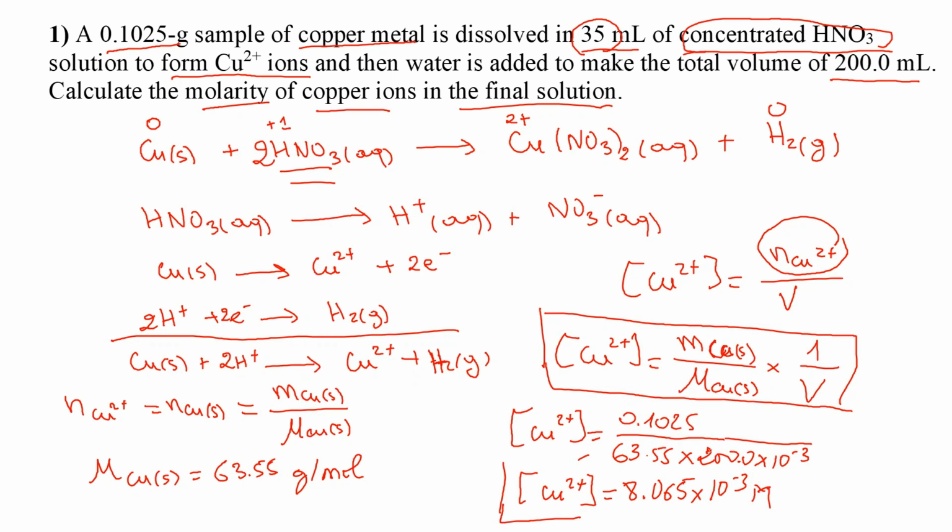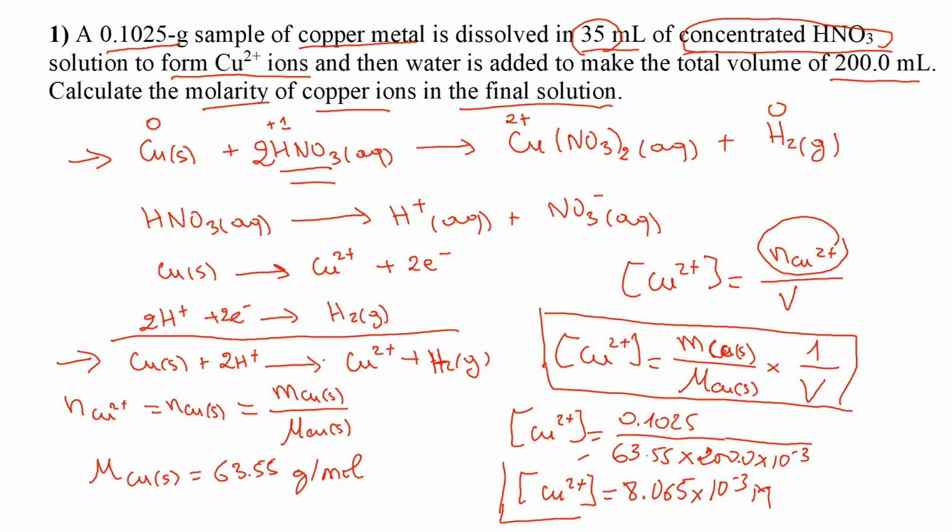Okay. So this is a way to solve this type of problem. Always start by writing the balance equation, and you can get the net ionic equation. Here, since we know that it's oxidoreduction, we use the half oxidation and reduction reaction to get the balance equation.